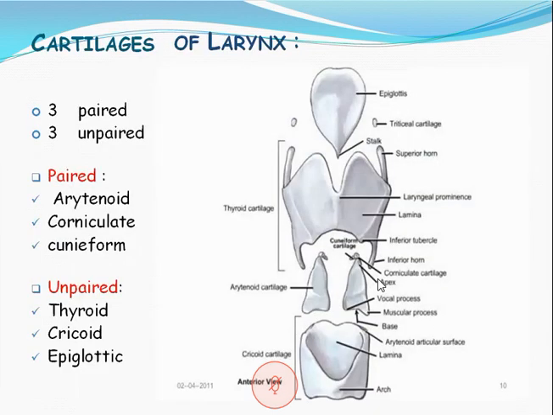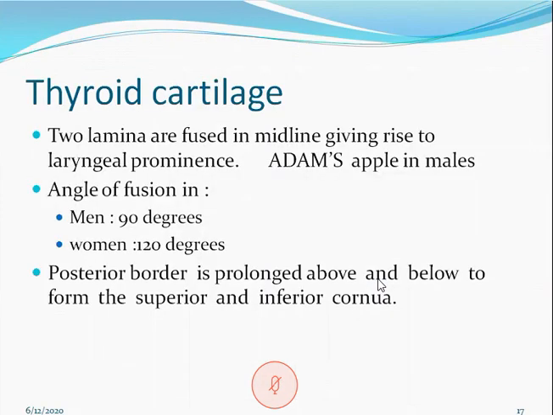There are three paired and three unpaired cartilages. The three paired cartilages are arytenoid, corniculate, and cuneiform cartilages. Unpaired are the thyroid, cricoid, and epiglottis. In the thyroid cartilage, the two laminae are fused in the midline, giving rise to the laryngeal prominence in the front of the neck.